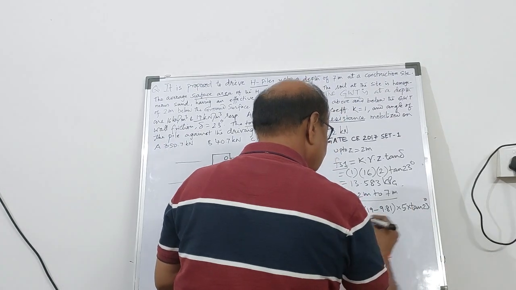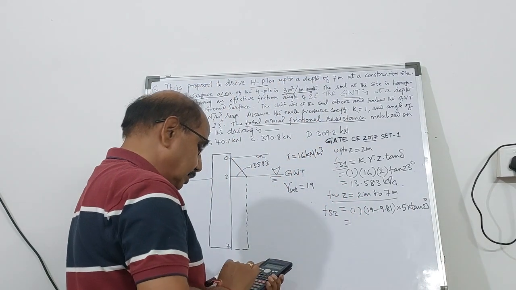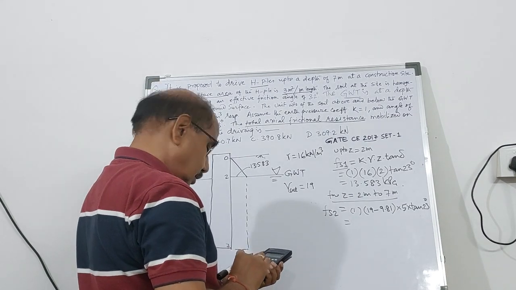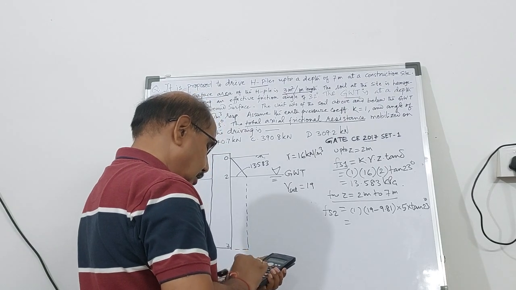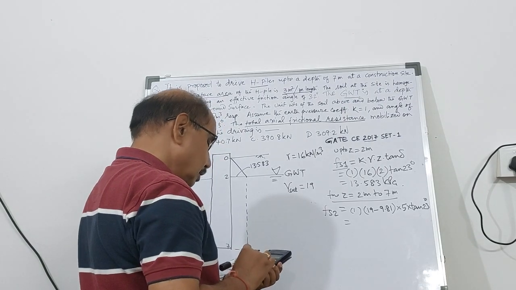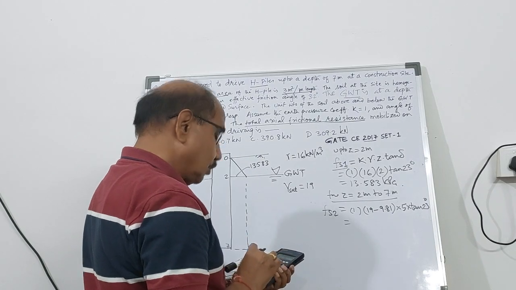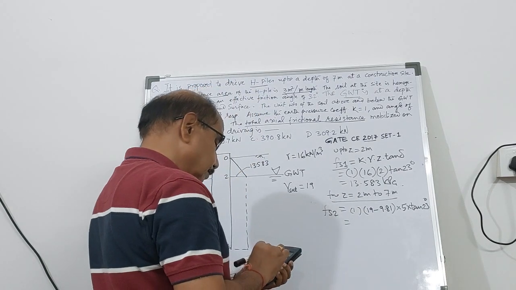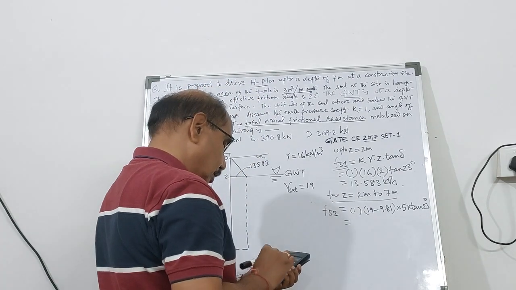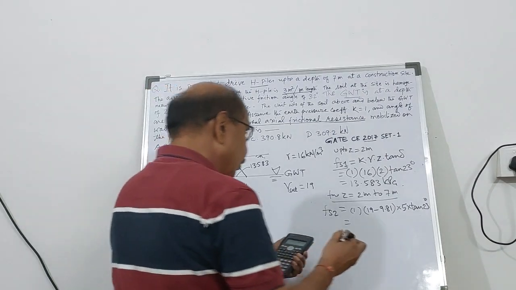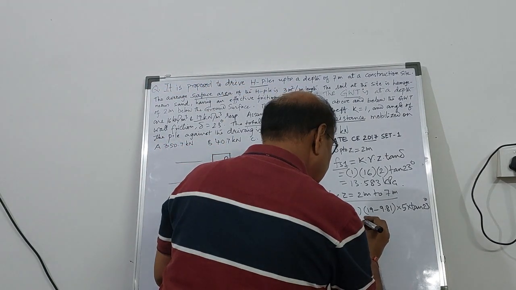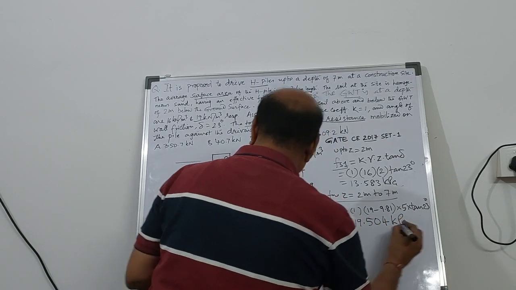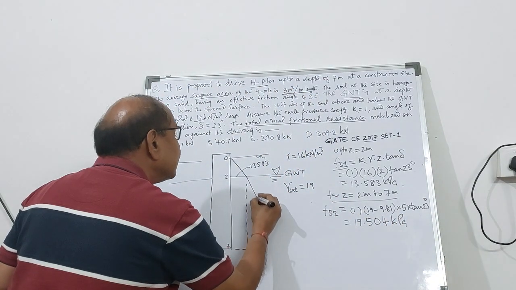23. So let us calculate this: 9.19 multiplied by 5 into tan 23. So 19.504 kilopascal.